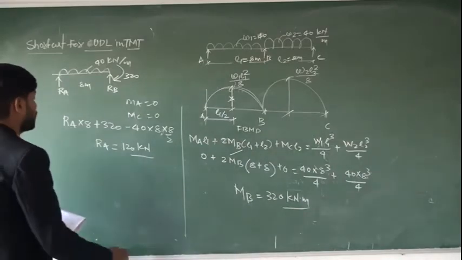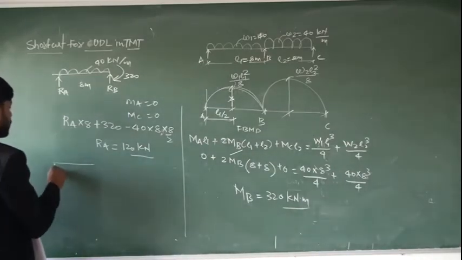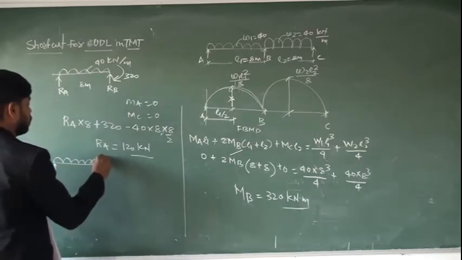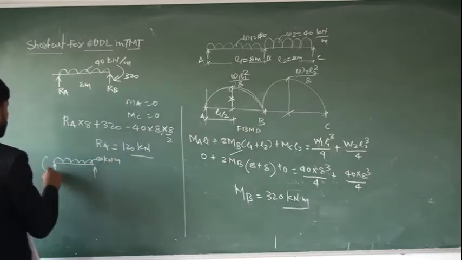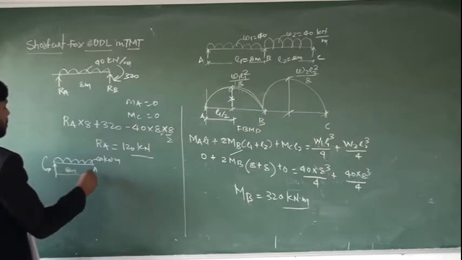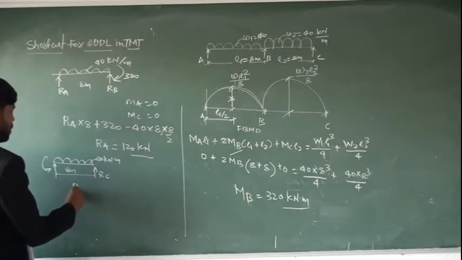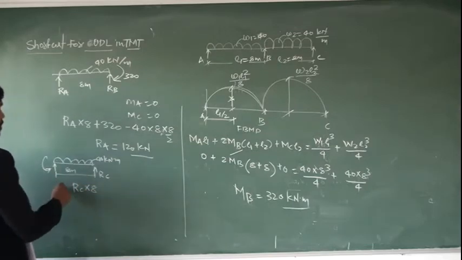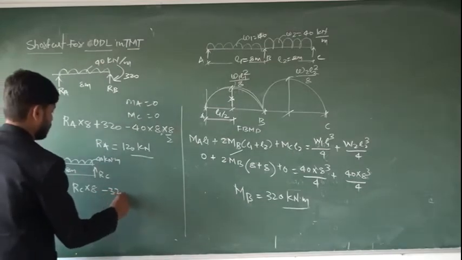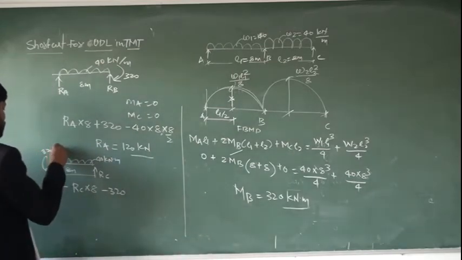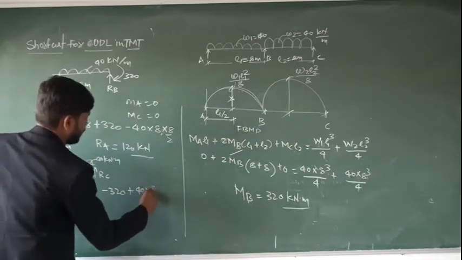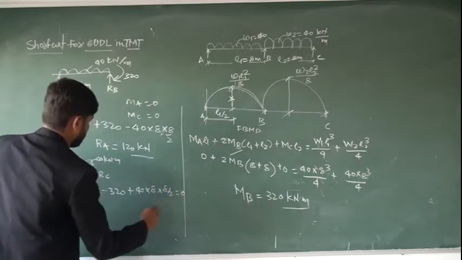Similarly, if you try to calculate for RC, with 40 kilonewton per meter: RC into 8 is anti-clockwise, this 320 is also anti-clockwise, and 40 into 8 into 8 by 2 equals 0.